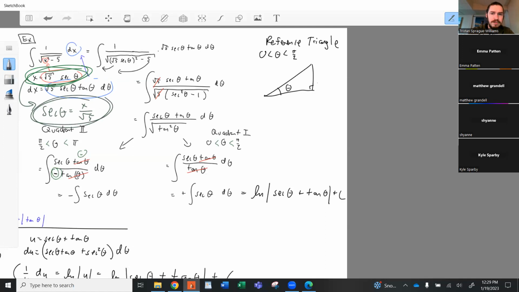And that's what we want to use to label our triangle. Secant theta is a little bit weird because it's the reciprocal of cosine. So cosine's adjacent over hypotenuse, and we want to go the other way around. We want to go hypotenuse over adjacent. So if that's x over root 5, it's going to be x over root 5, like that. Did I do that right? Secant.